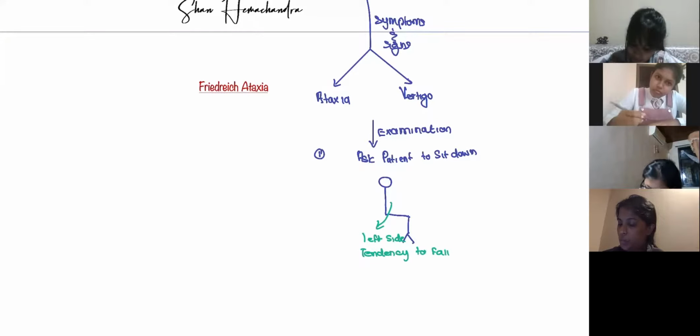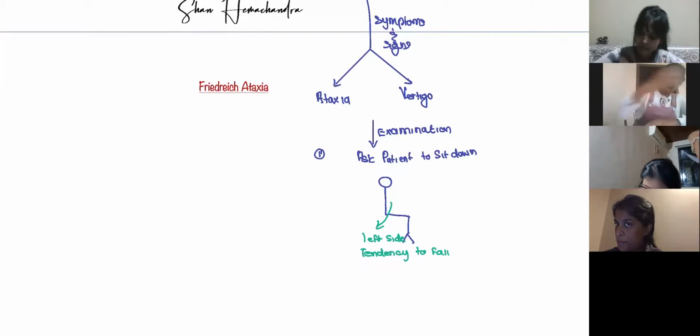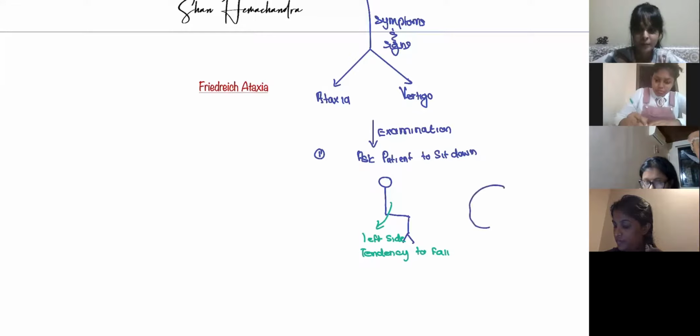Can someone tell me what side of the cerebellum is damaged? Left. Remember, the cerebellum and the sympathetic nervous system are the only ipsilateral systems.